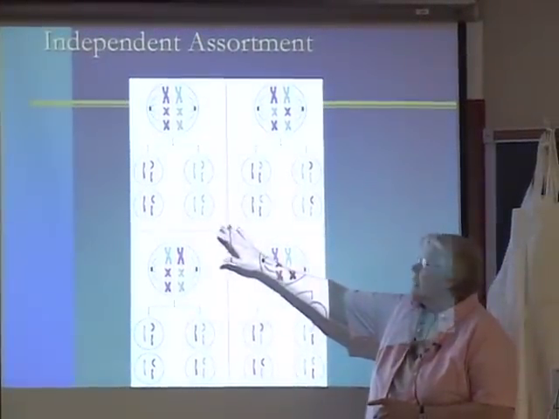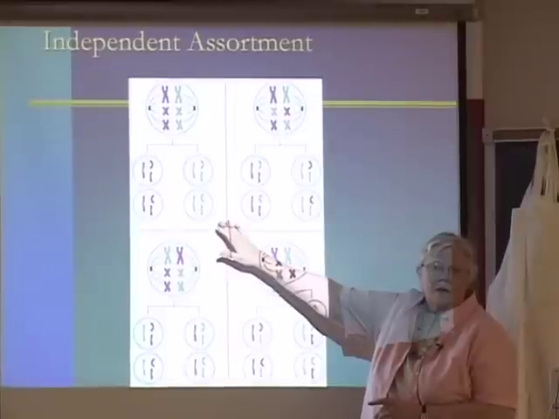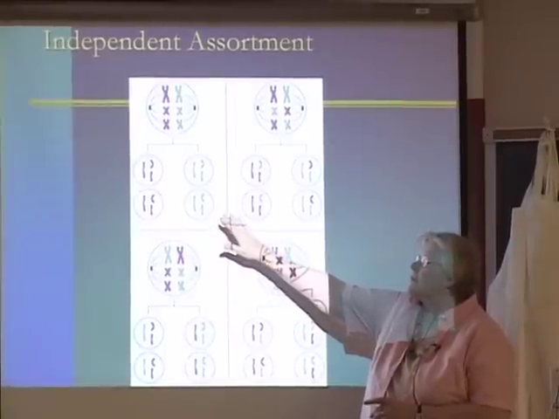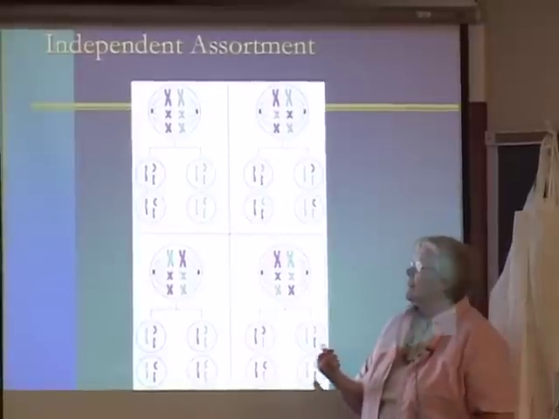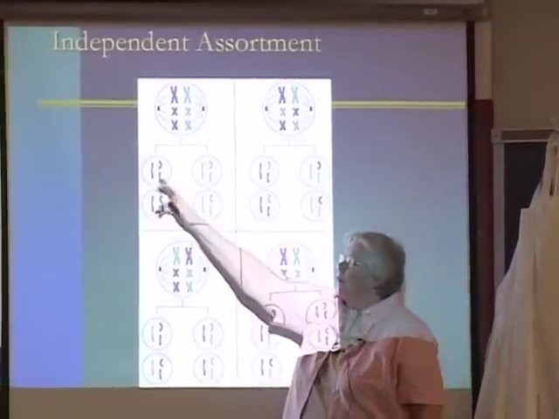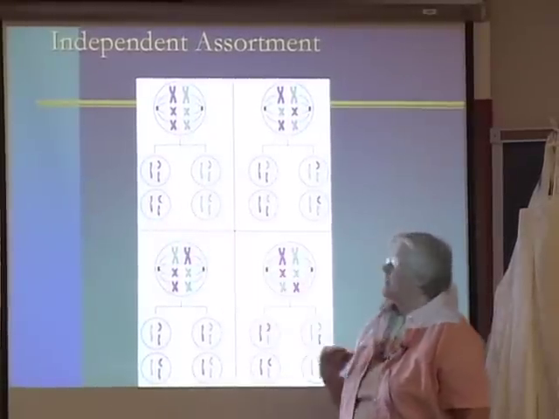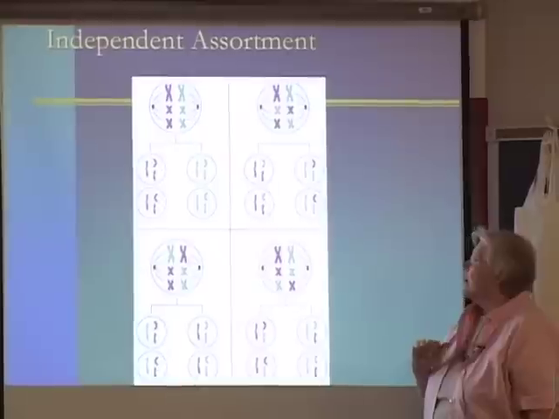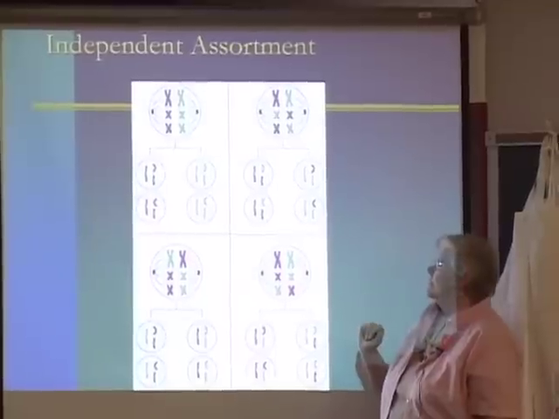This represents a cell that has six chromosomes, and those chromosomes line up in the middle and they separate. They can separate so that the purple ones are both on this side, the green ones are both on this side, okay? Or they can separate so that we have two purple and a green.